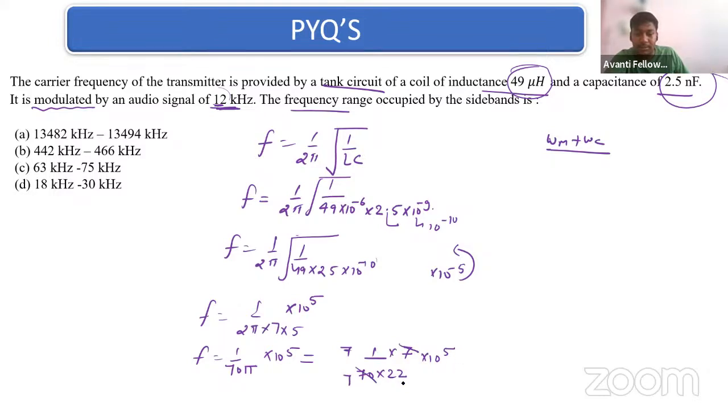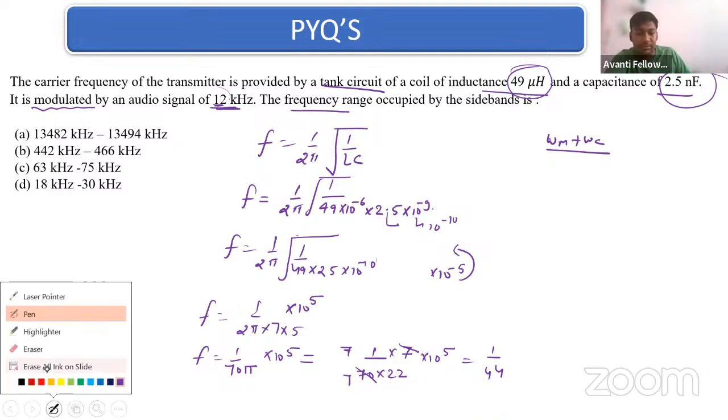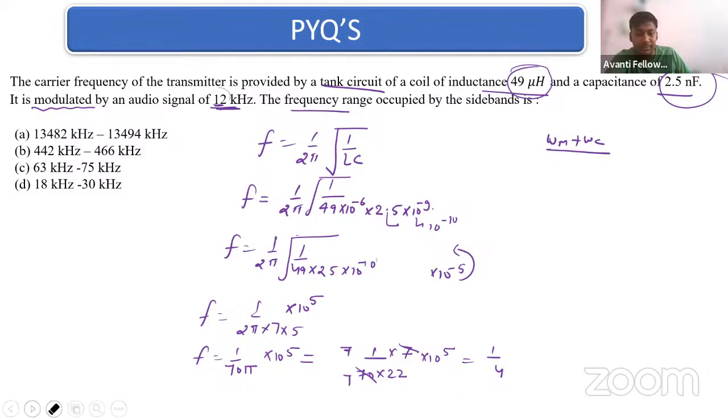So this will be equal to 1 over 4. Let's see. This is equal to 154 and 10 to the power 4. Wait, wait. Maybe I took it wrongly here. Wait a minute.